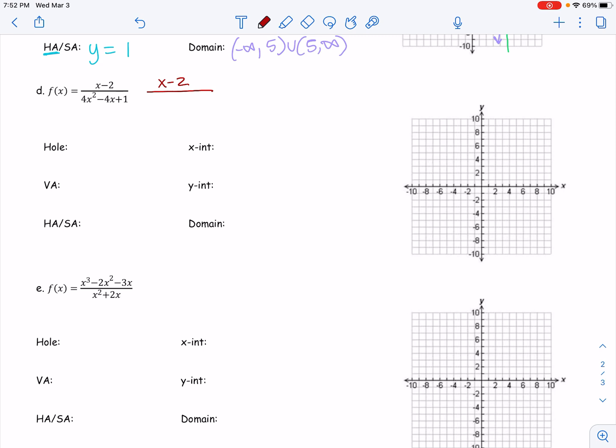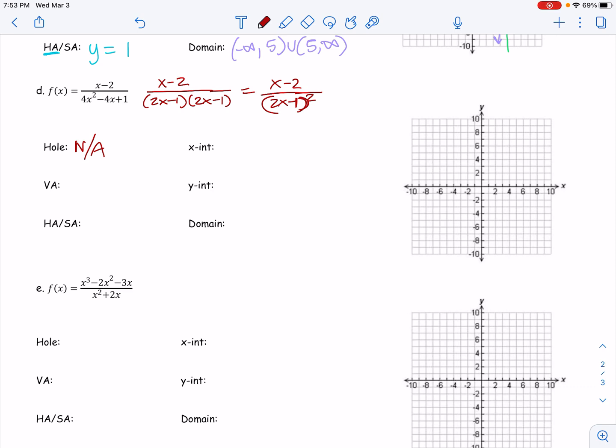And then rewrite and factor by grouping, etc. But you do get 2x minus 1 times 2x minus 1, or you can write that as 2x minus 1 squared. Nothing cancels out, so no holes. I could just put NA, or you can write none, whatever.